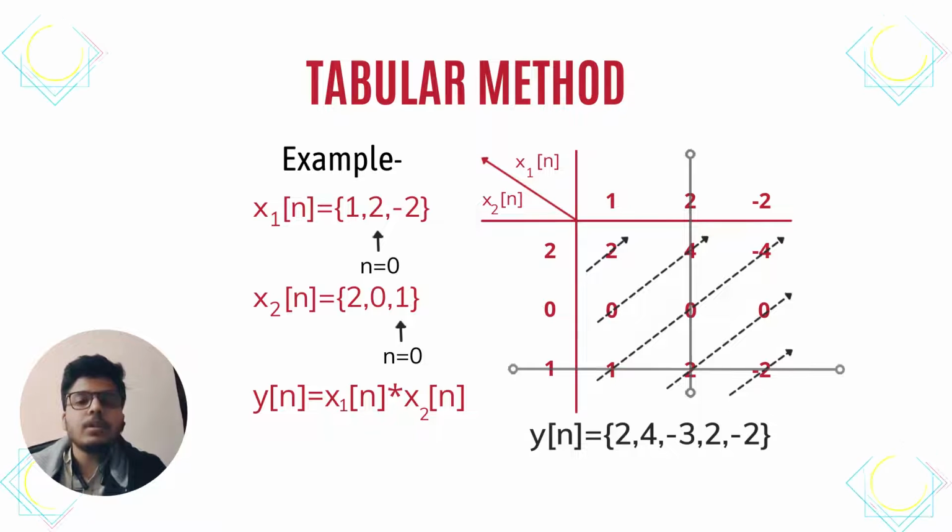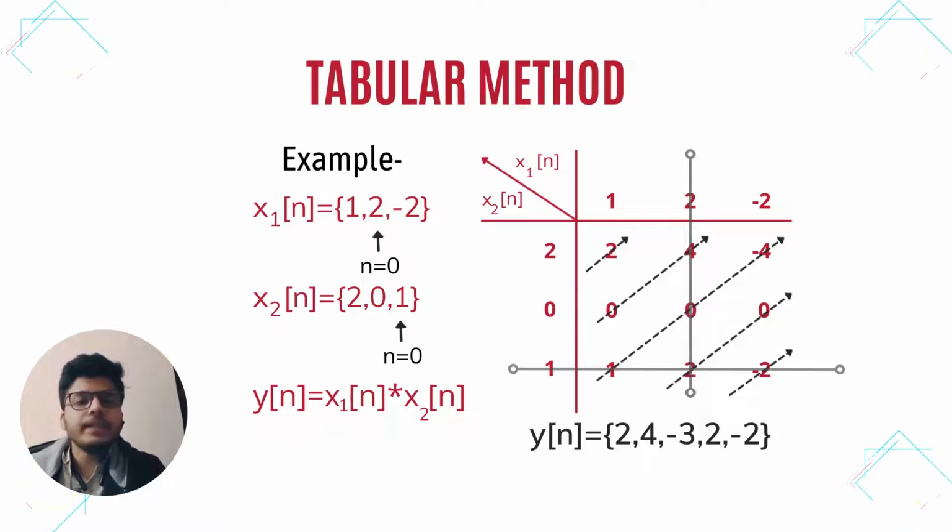In this example, we have two discrete time signals x1[n] and x2[n], where x1[n] has values 1, 2 and minus 1, where 2 is the value of the signal when n equals 0. And x2[n] has values 2, 0, 1, where 1 is the value of the signal when n equals 0.